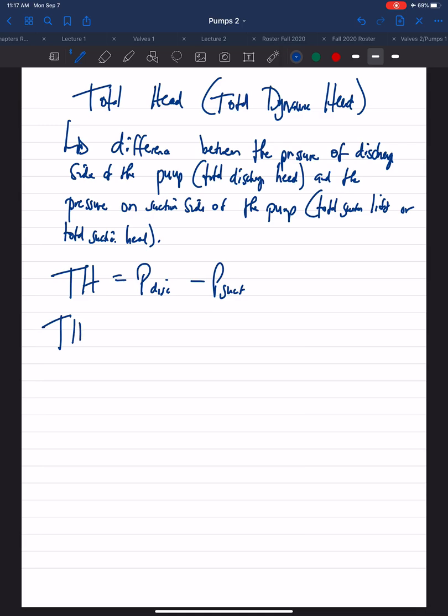So it is the H discharge total, or the total discharge head minus the total suction lift, or total discharge head minus the total suction head.